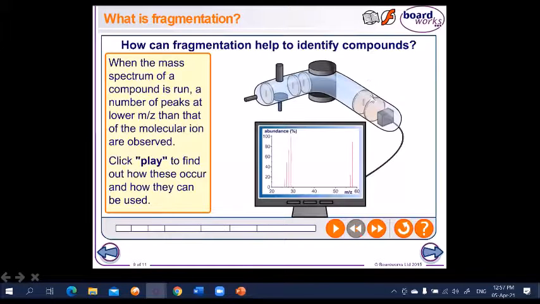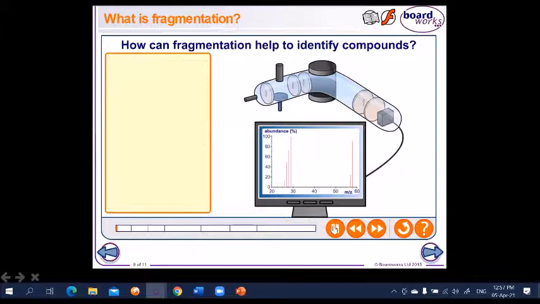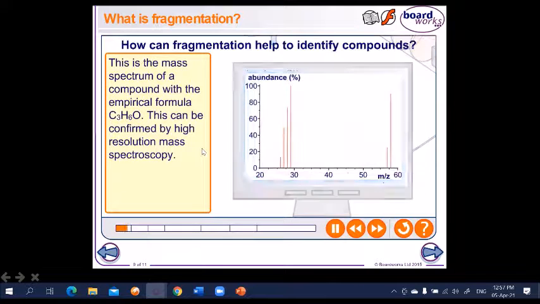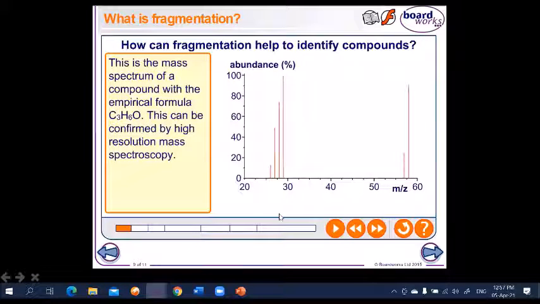Okay, so what is fragmentation? How can this help identify compounds? When the mass spectrum of a compound is run, a number of peaks at lower mass to charge ratio than that of the molecular ion would be observed. This is the mass spectrum of a compound with empirical formula C3H6O.